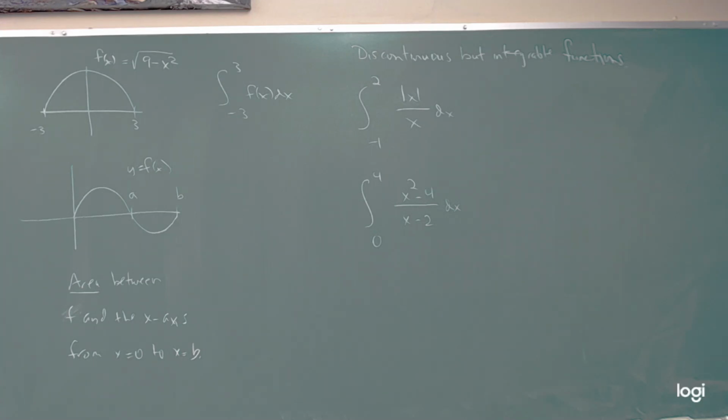Become minus? Yes, it's below the x-axis. What's that third one? This is negative 3 to 2. Oh, no, that's that one. Okay.